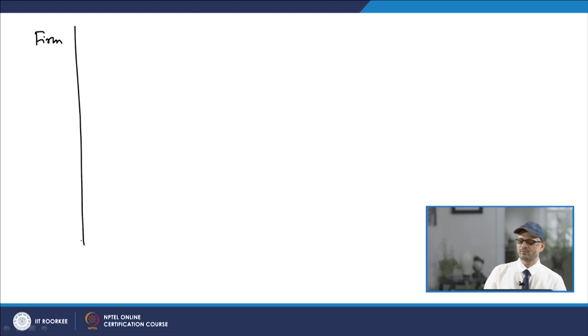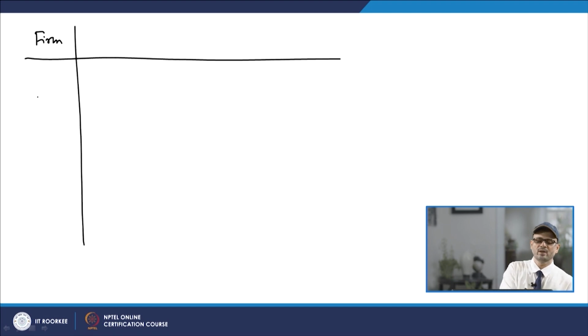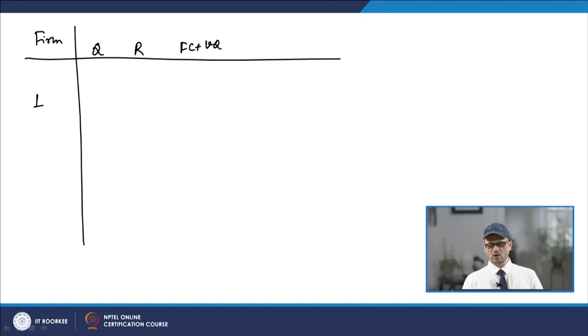Now, suppose you have one example where the firm is firm 1, and for this firm we will have the values of Q, R, FC plus VQ, that is your total cost, and then profit. And we will find the degree of operating leverage.